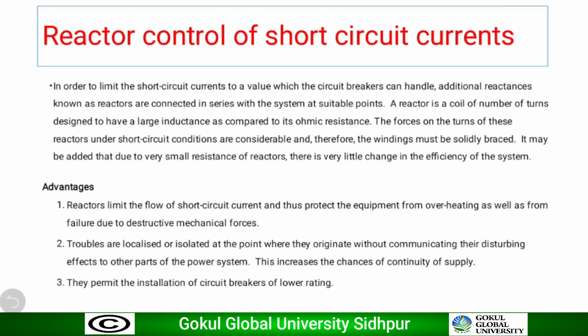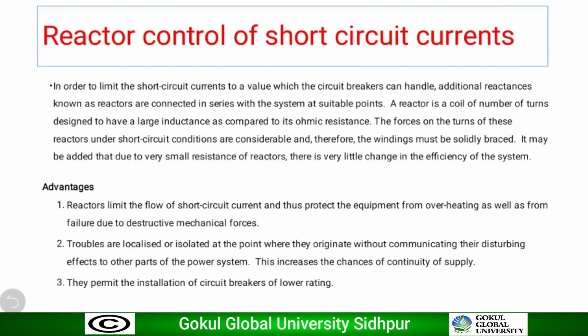Now, what is the advantage of reactor control of a short circuit current? The first one is that the reactor limits the flow of short circuit current and thus protects the equipment from overheating as well as from failure due to destructive mechanical forces.